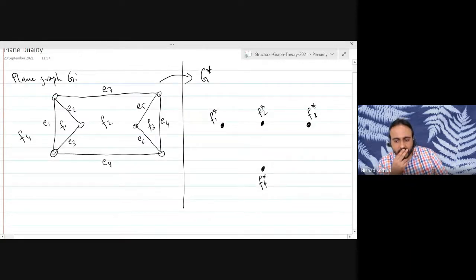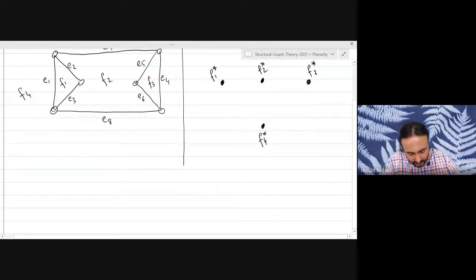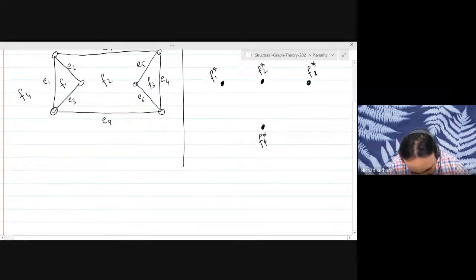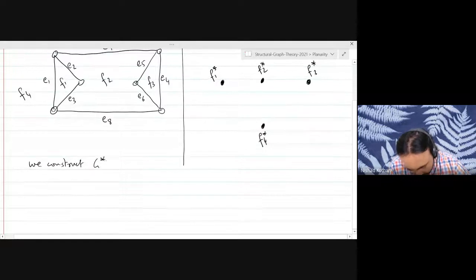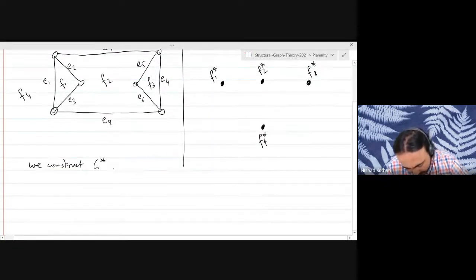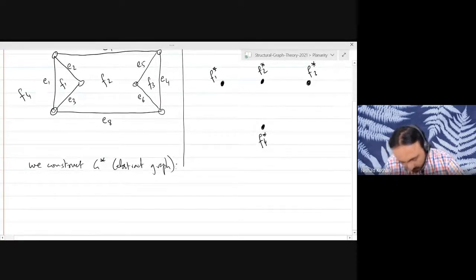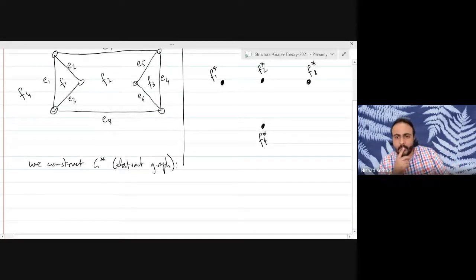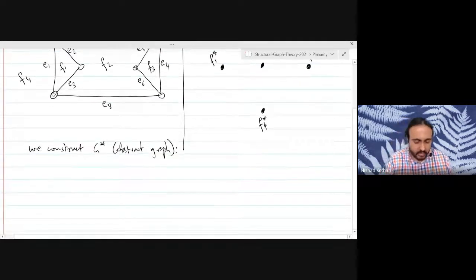Okay. So we construct G star. This is an abstract graph. I'm not making it a planar graph or a plane graph.